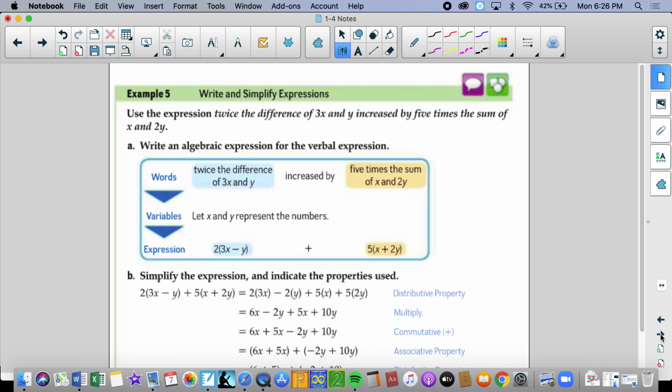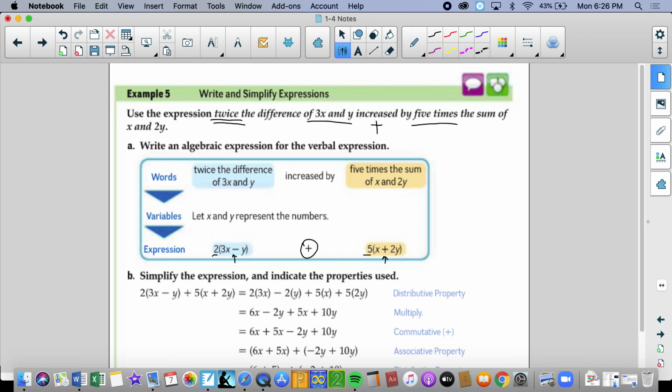Write and simplify expressions. Use the expression twice the difference of 3x and y increased by 5 times the sum of x and 2y. So we have to write that: twice the difference of 3x and y, increased, that's addition, increased by 5 times the sum of x and 2y.